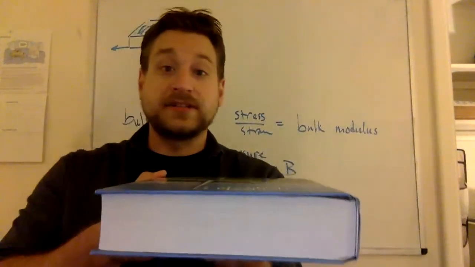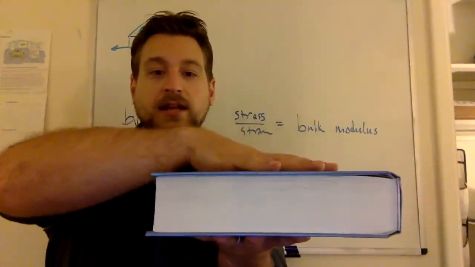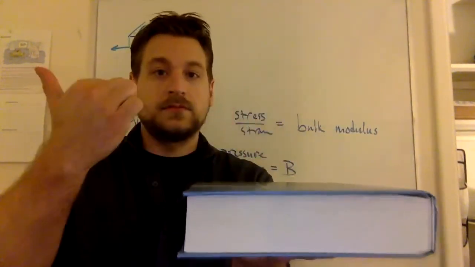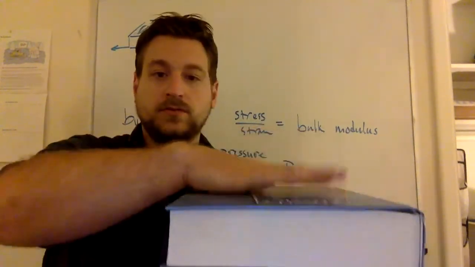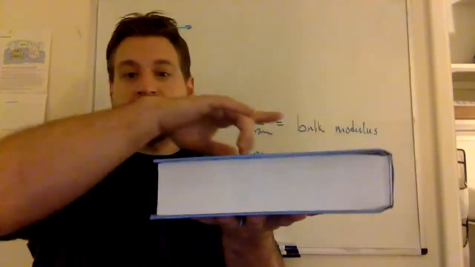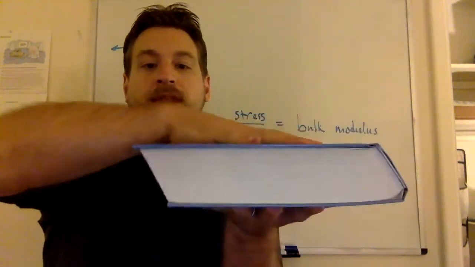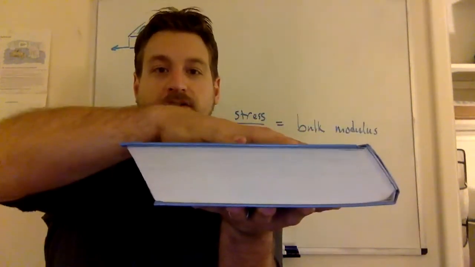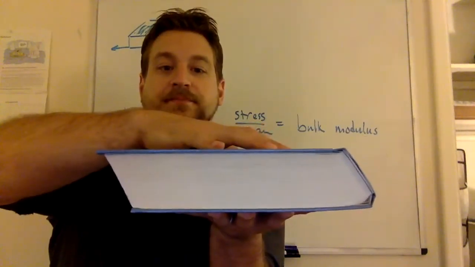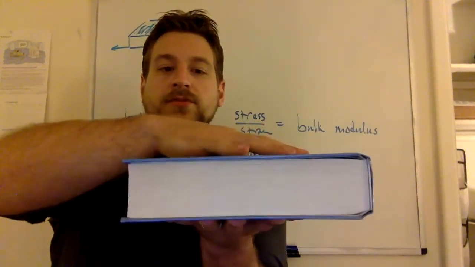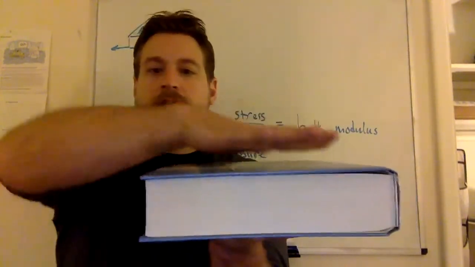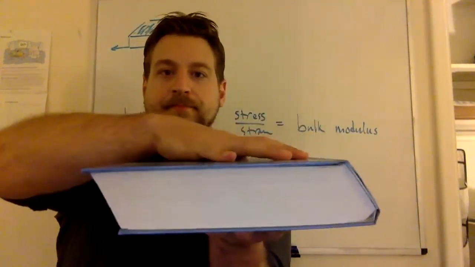Got our textbook here, and I'm gonna pull to my right with my right hand and push to my left with my left hand and change the shape of the cross section from rectilinear to slant.